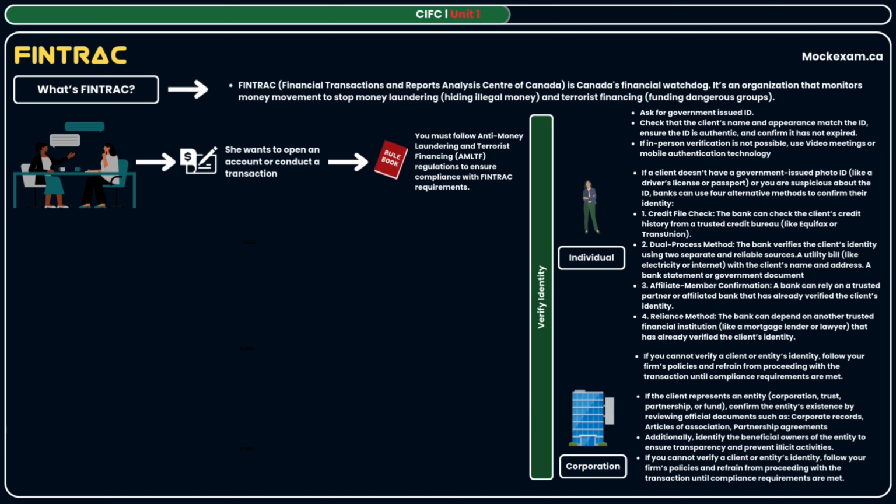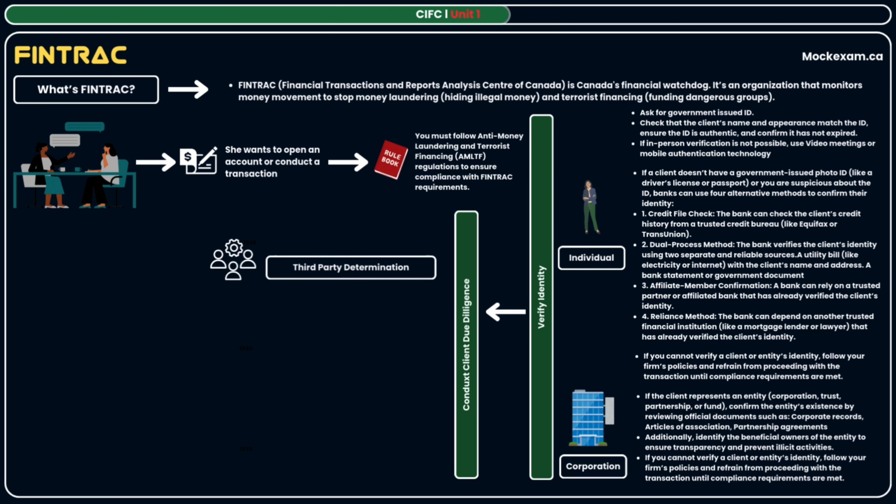Now, the second step is conducting client due diligence. Even after verifying identity, further due diligence may be necessary in certain cases. What are those cases? Number one, third-party determination. You need to ask your client: are they acting on behalf of another person or entity?